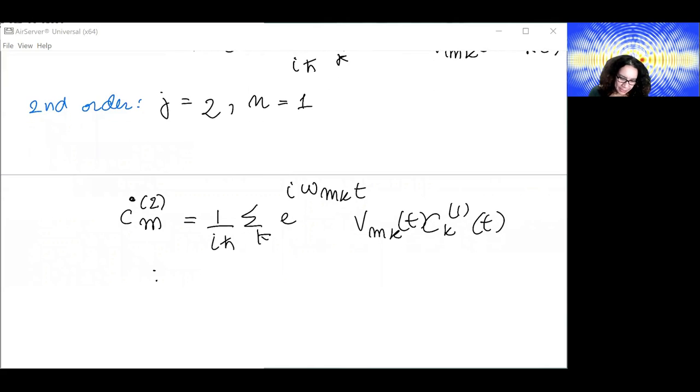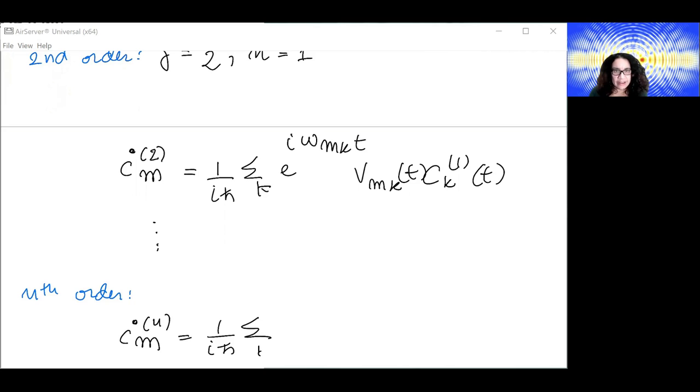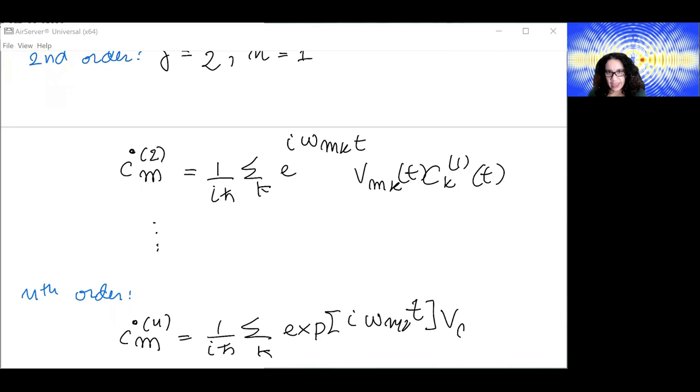And we can carry on and carry on until we have, for a generic nth order, C_m^(n) dot equal to 1 over i h bar, sum over k, exponential of i omega_mk t, V_mk(t) C_k^(n-1)(t).